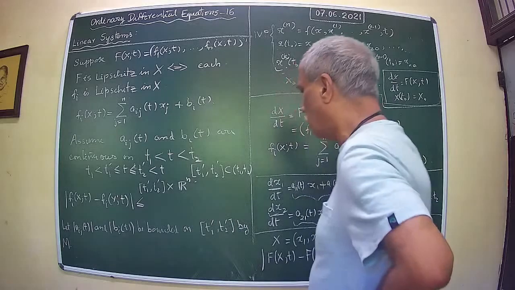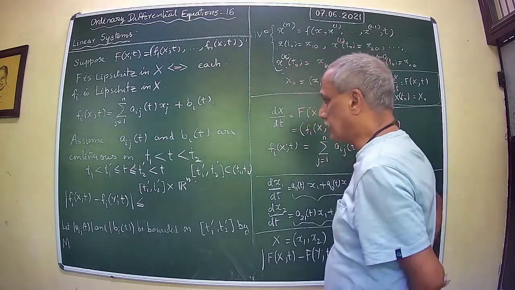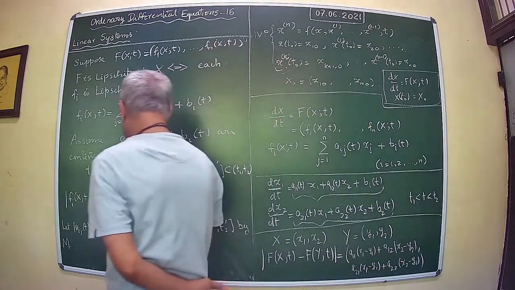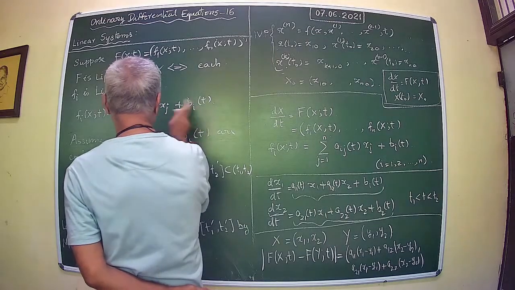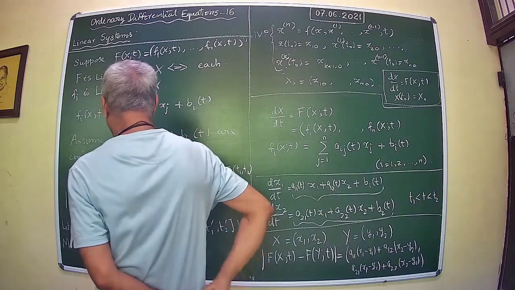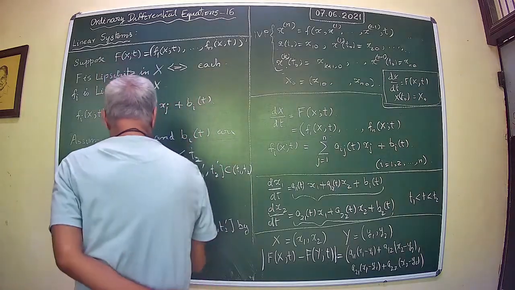So you can take the common bound as m. If so, what do you get? You get this is less than or equal to the modulus of this. You are taking the difference, so b_i goes away, and what you are left with is this.